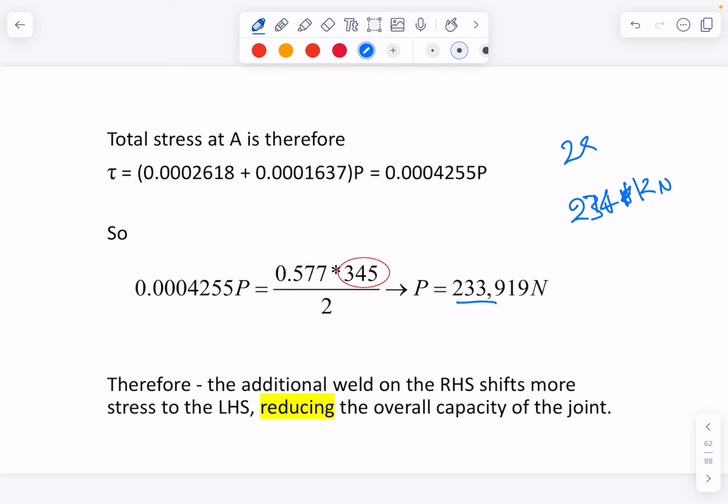And that was versus 253 kilonewtons with the 2 by 6 millimetres. So we've actually dropped load, all right? And we've dropped that load because moving the centre of mass offset puts more torsional load on that smaller weld. So, the first gut feeling of I've got more metal, it must be stronger, doesn't always work out.